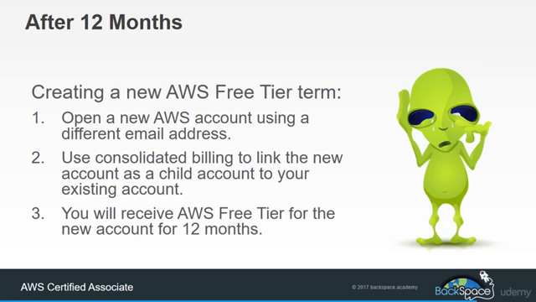So you still just have one bill that you'll be paying through your main account, but this second account will enable you to continue to use the AWS free tier, provided you do everything within that new account. On your old main account, the free tier will still be expired. So that's a way to keep on going if you want to keep playing around with AWS without having to absorb a big bill at the end of each month.